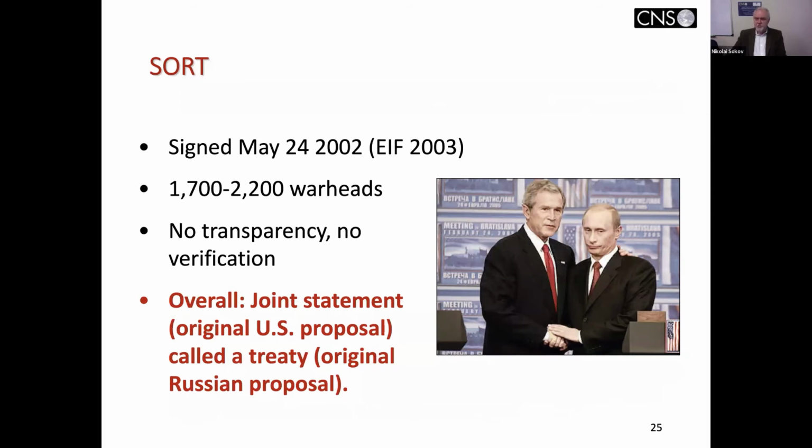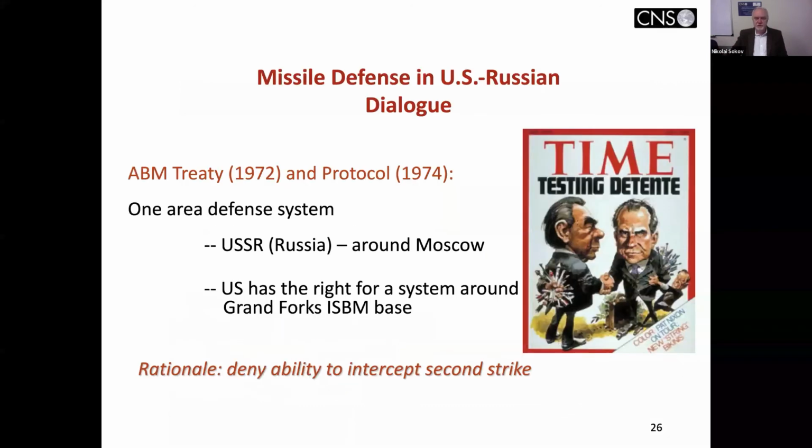A new treaty was needed to replace START 1, but the Bush administration was not interested in negotiating something serious, solid, verifiable. They really wanted as much flexibility as possible, and they didn't really care about arms control. It was also at that time that missile defense became a burning issue.